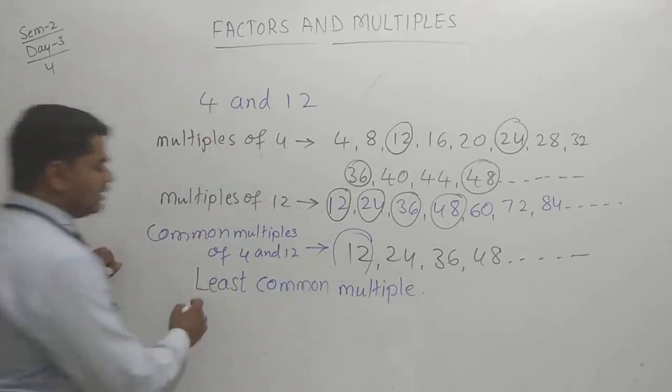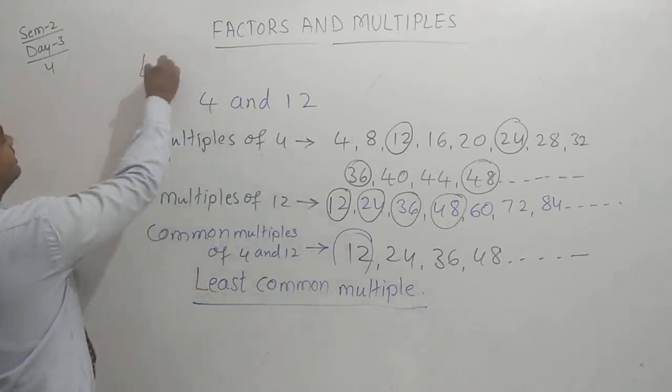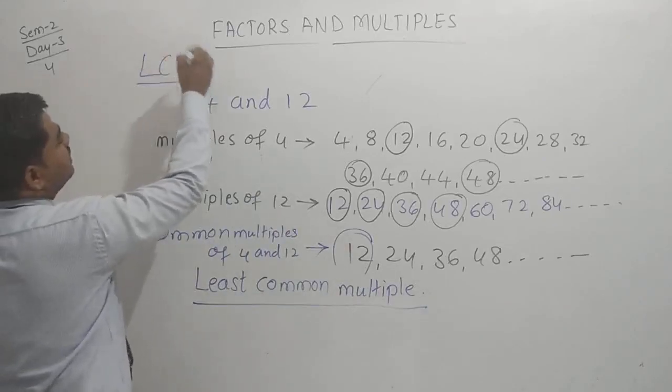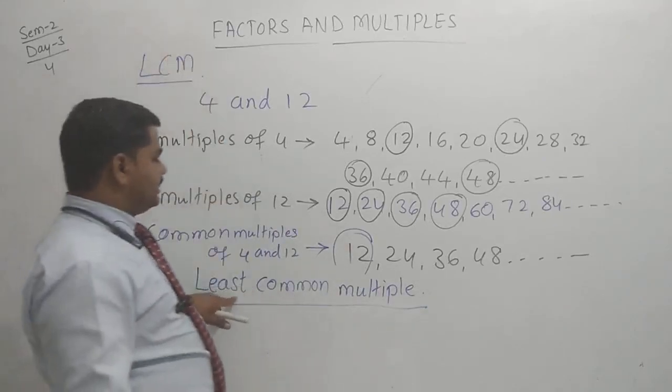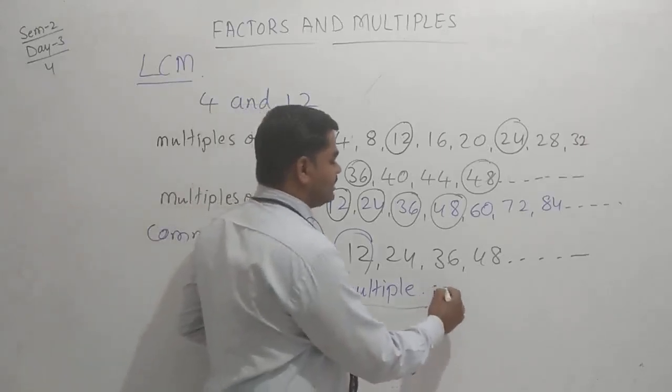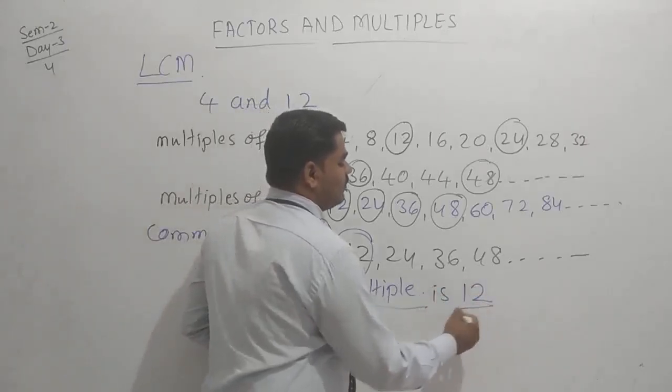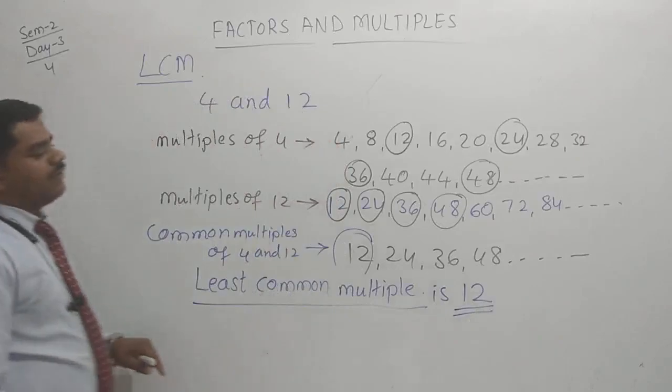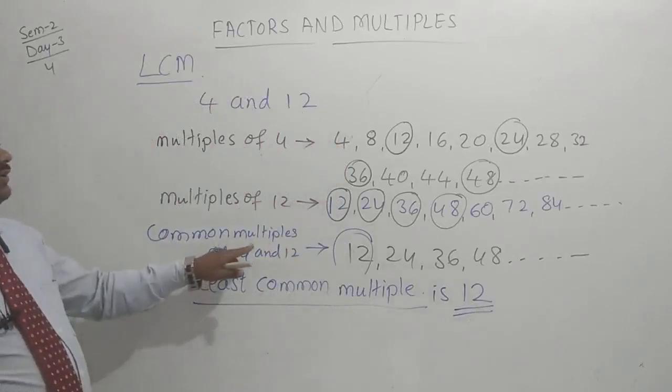Then we got the LCM. LCM means least common multiple. The least common multiple of 4 and 12 is 12.